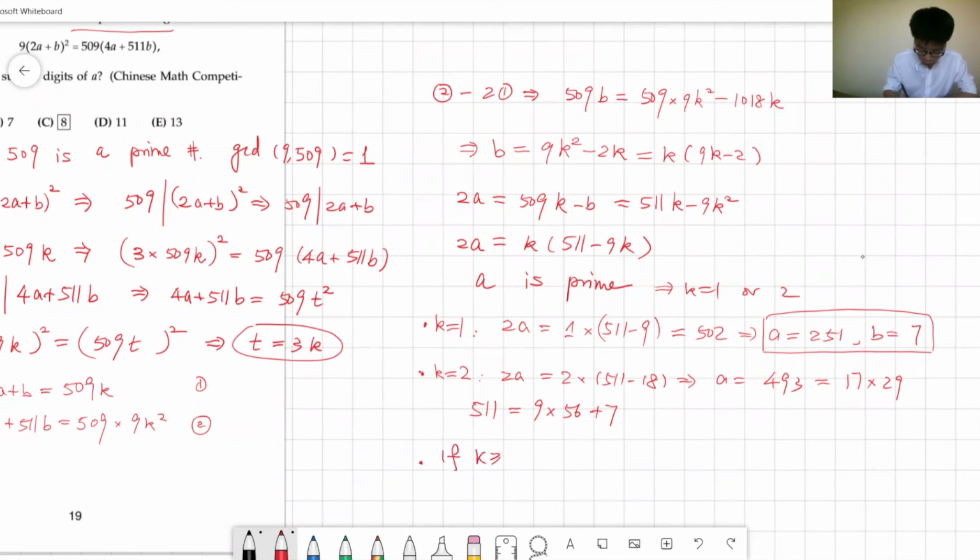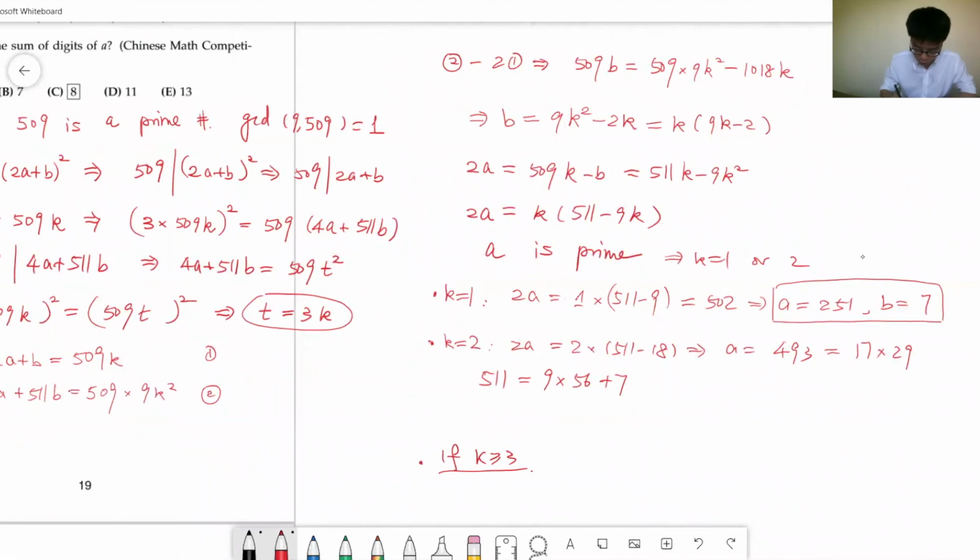If k is larger or equal to 3, two cases, right? K even. If k is even, we have a equals k divided by 2, which is an integer, times 511 minus 9k. This is because k is larger or equal to 3, so it's at least 4. So k divided by 2 is a number larger or equal to 2. And the 511 minus 9k is also a number larger or equal to 2. So that means a is not prime.